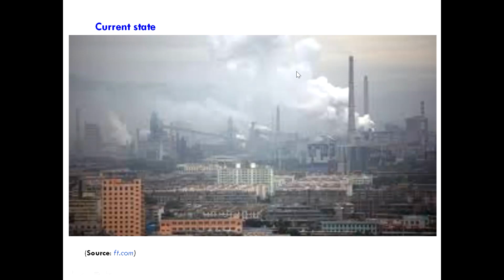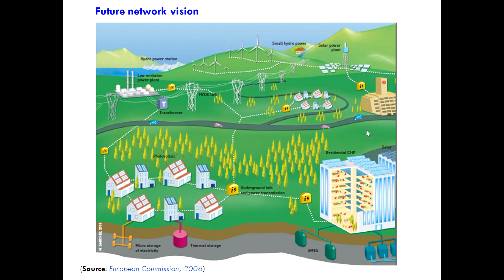We can see what impact it has on the environment, and what is envisaged for the future is the replacement of this current state by a future state which is much more environmentally friendly, as well as sustainable.